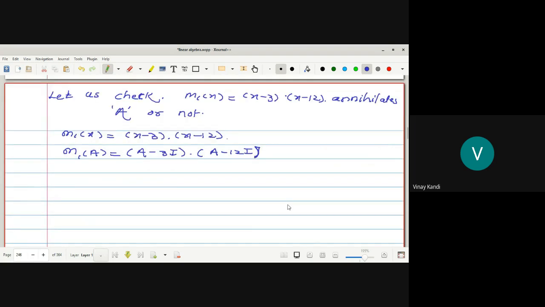What is A? Suppose this one is A: 7, 4, minus 1, 4, 7, minus 1, minus 4, minus 4 and 4.